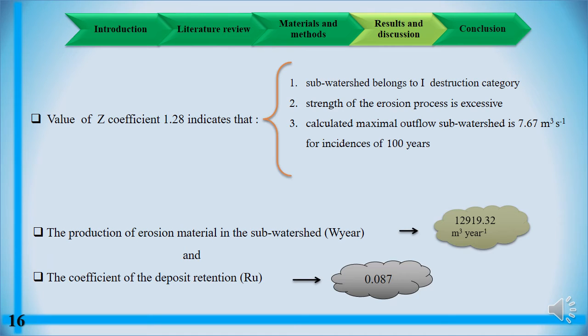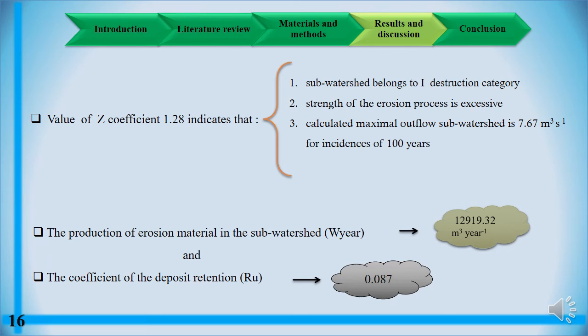Furthermore, the variable Z coefficient of 1.28 indicates that the sub-watershed belongs to the second destruction category. The strength of the erosion process is excessive, and the calculated maximum outflow of the sub-watershed is 7.67 cubic meters per second. The production of erosion material in the sub-watershed was about 12,919 cubic meters per year.